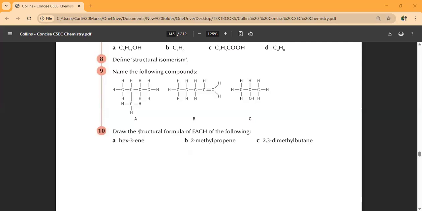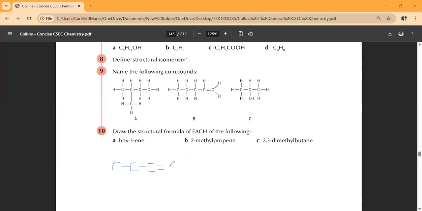Okay, students, our time is running down, so I'm going to work the first one and you send the others for homework. So I'm going to do A for you. Remember how many carbons we have? Notice it says hex-3-ene, so our double bond goes here.